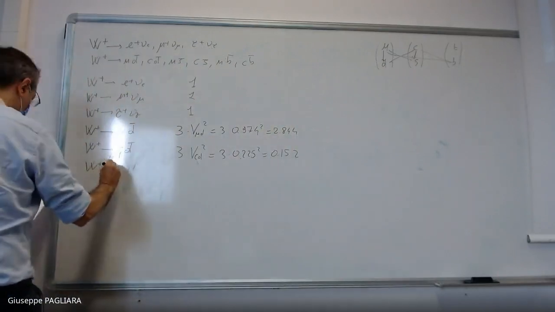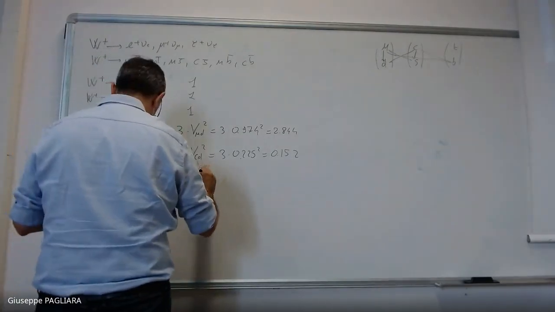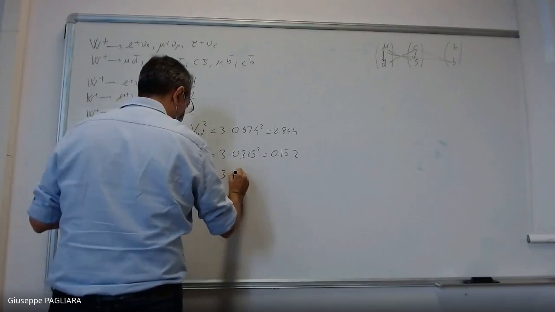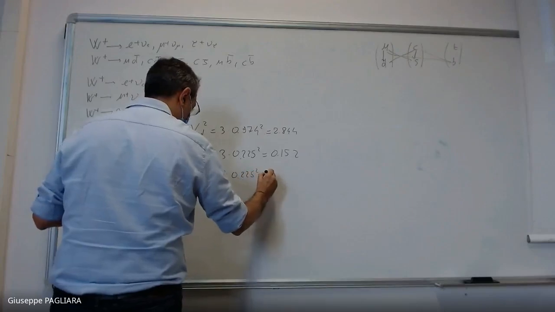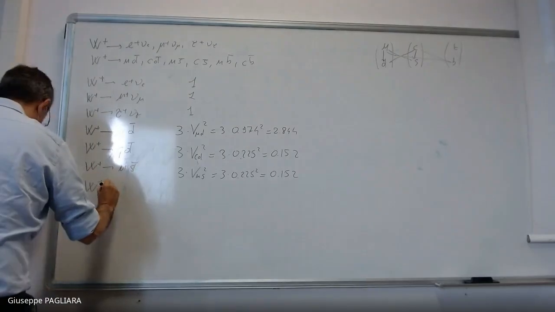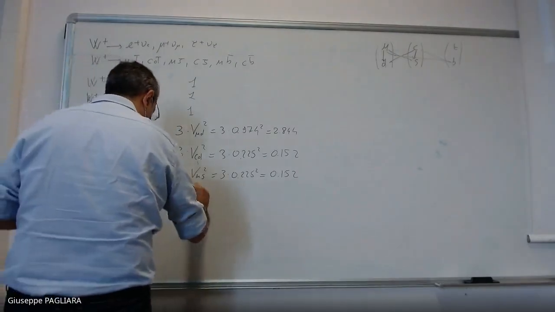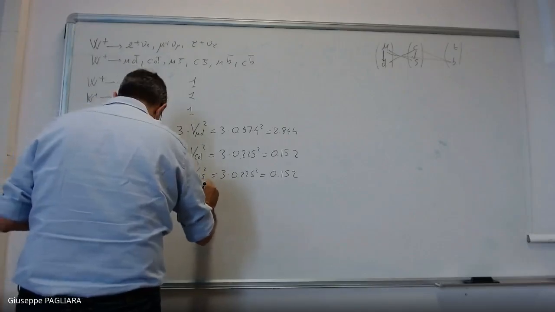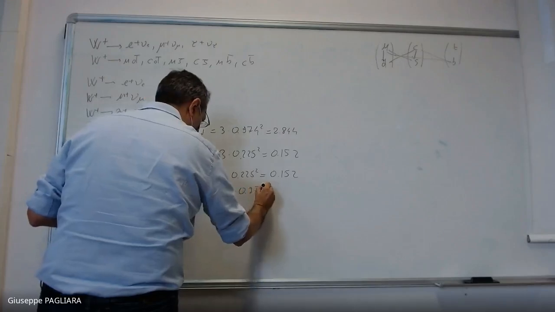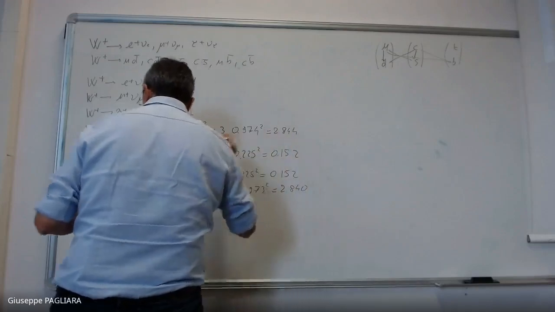Then we have the W into u s-bar, so we have 3 V_us squared, which is the same, 0.225 squared. Then we have the W into c s-bar, so this is 3 times V_cs squared, 3 times 0.973 squared, it is 2.840.